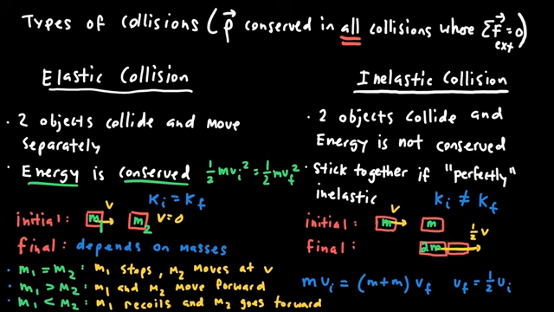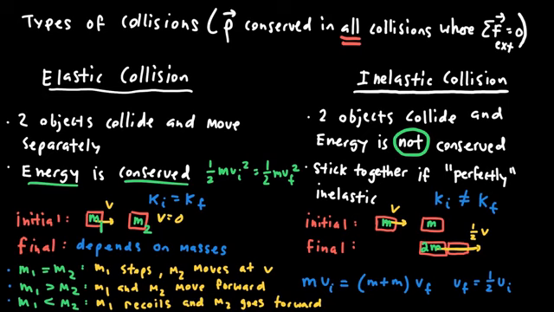And now let's move over to the inelastic collision case. Inelastic collisions occur when two objects collide and energy is not conserved. So if energy is not conserved, the collision is inelastic. Two objects can collide and not necessarily stick together, but there are lots of energy losses.